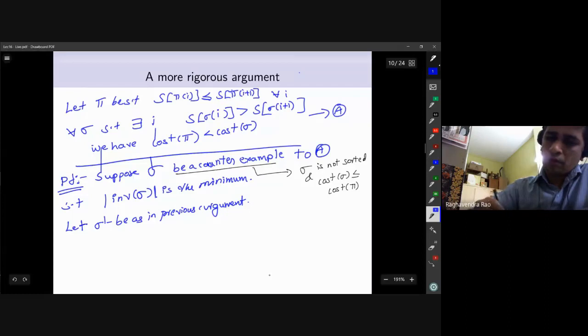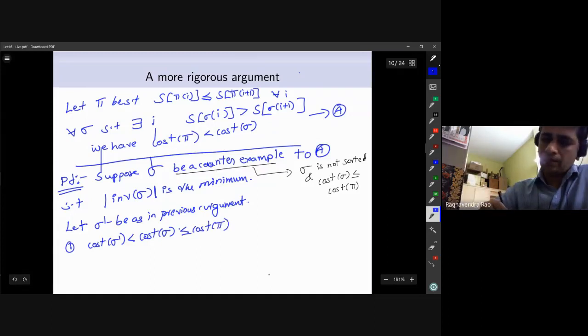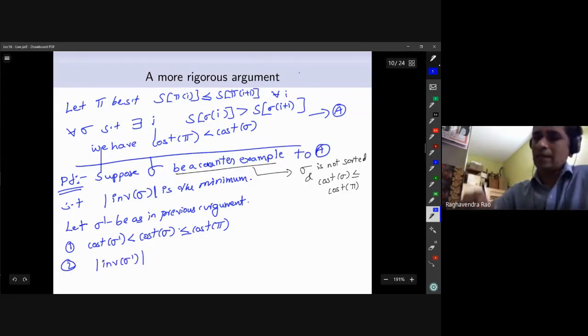One, cost of sigma prime is less than cost of sigma, which is less than or equal to cost of pi, which is a sorted order. Second, number of inversions of sigma prime is one less, so I'll just write it's less than number of inversions of sigma.